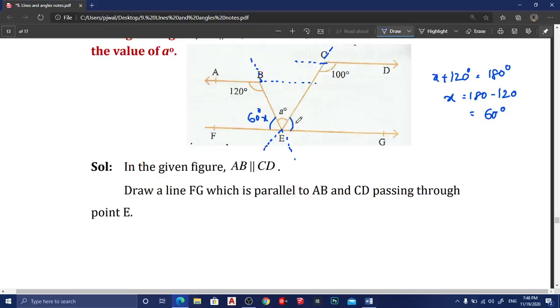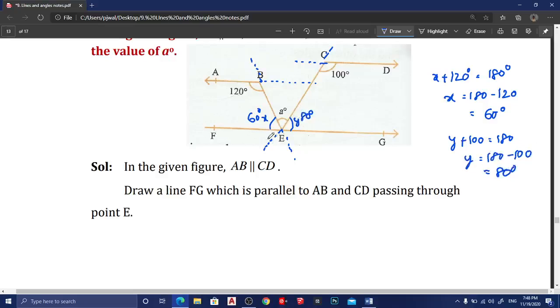So again you know the sum of co-interior angles. I am taking this as y here. So y plus 100 degrees is equal to 180 degrees. So y is equal to 180 minus 100, which is 80 degrees.